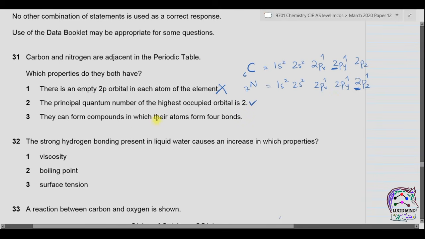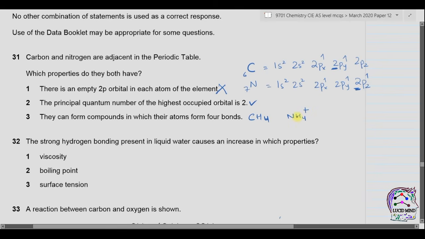They can form compounds in which their atoms form 4 bonds. We do have an example for the carbon atom. Carbon can make CH4, which is methane, and the carbon atom is making 4 single covalent bonds. While for nitrogen, we know of a compound named the ammonium ion.